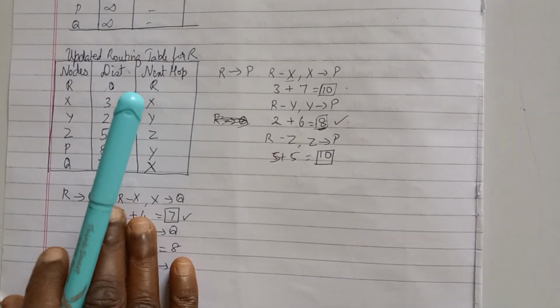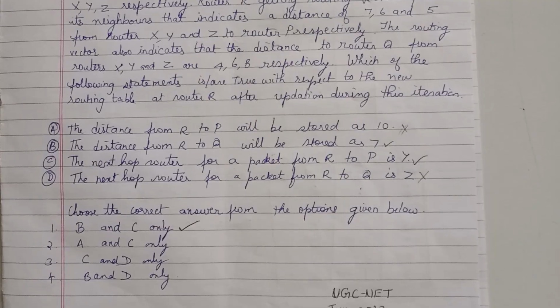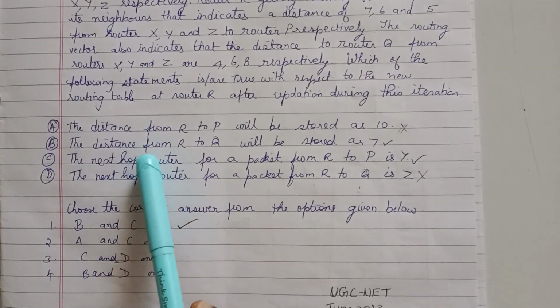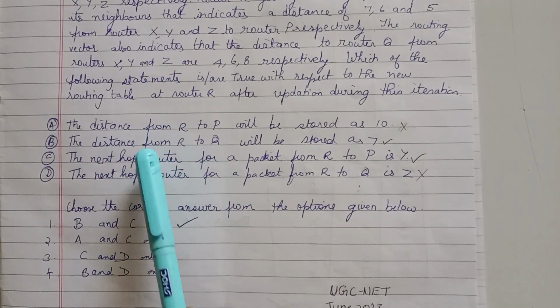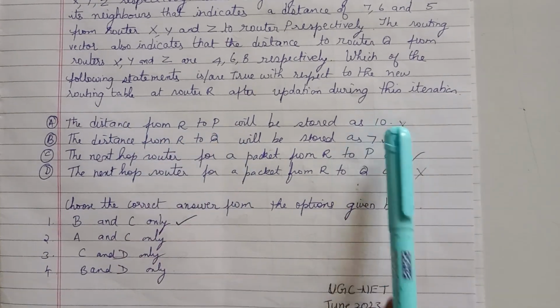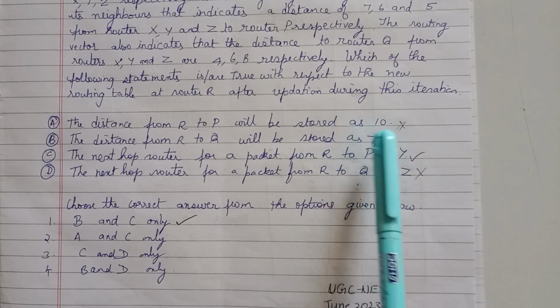Now I will see the problem. In the problem, the options are given: the distance from R to P would be stored as 10, distance from R to Q would be stored as 7.